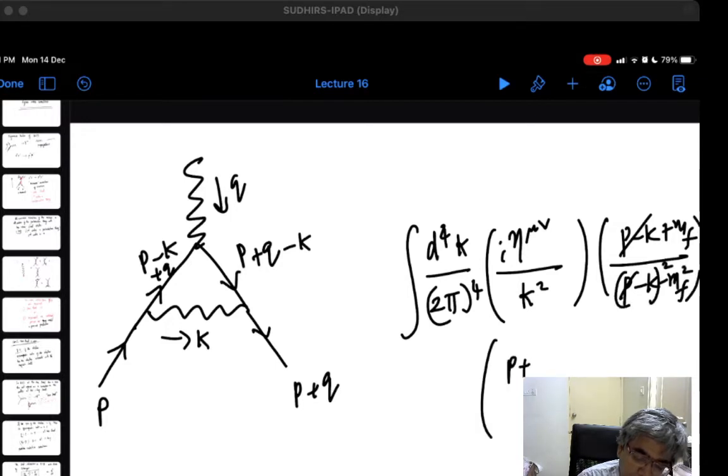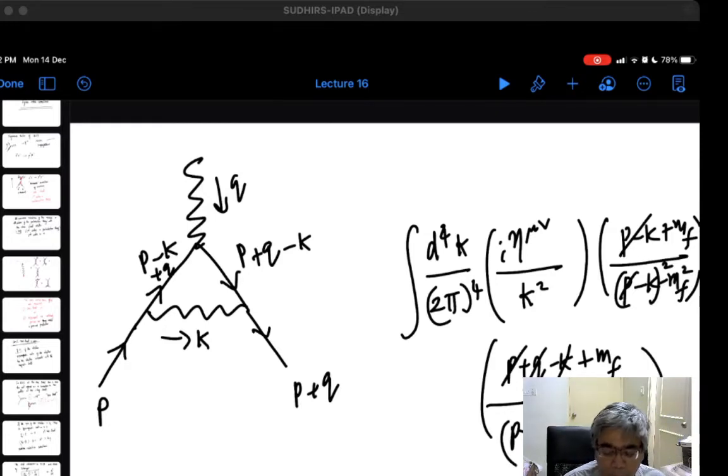This entire thing is slash by P plus Q minus K whole square minus MF square. Now this momentum is quite complicated actually to do.